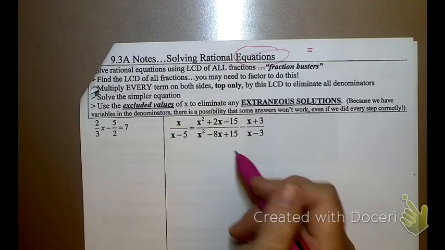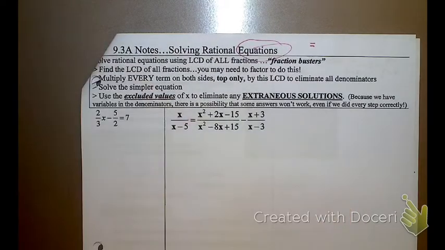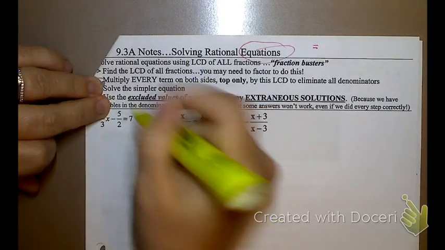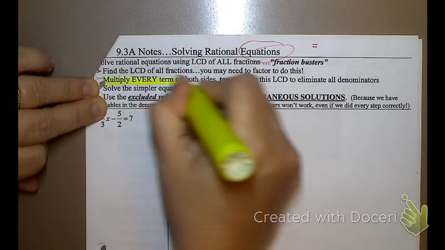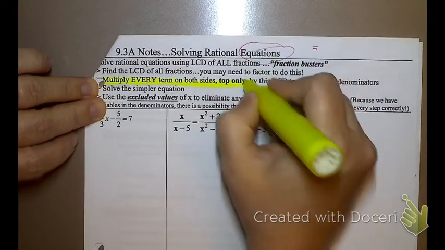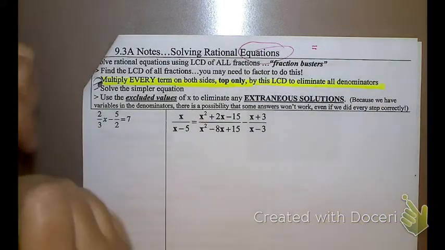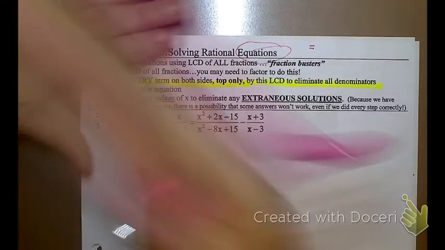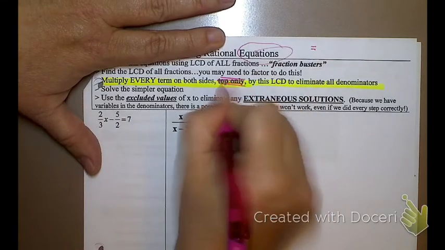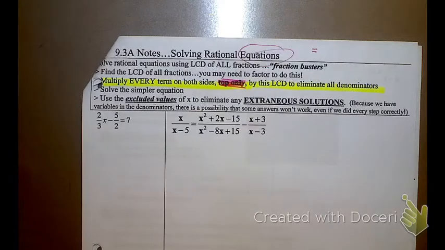Let me highlight the important part of the instructions. Multiply every term by the LCD to eliminate the denominators.